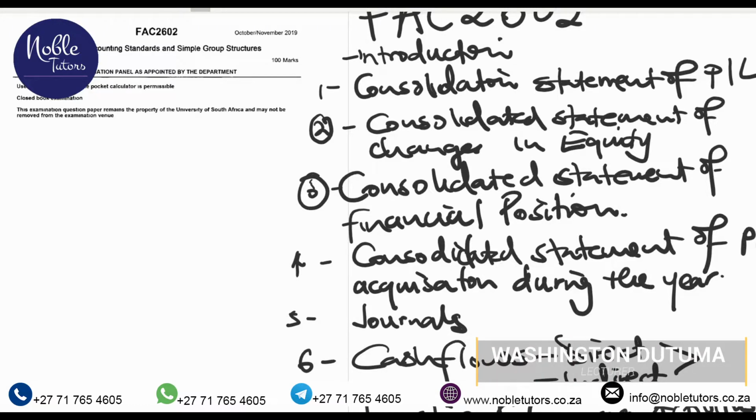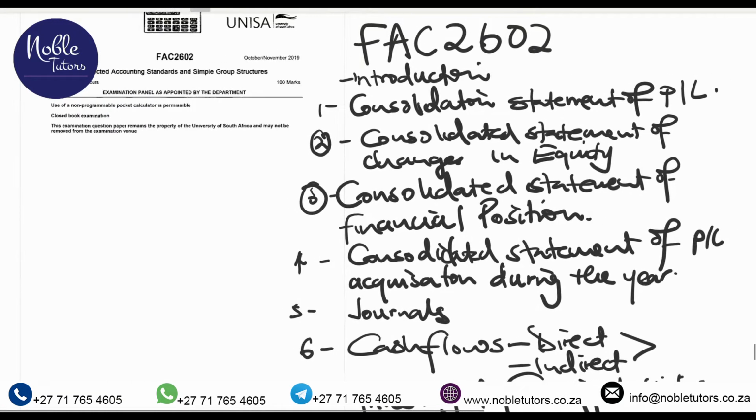Our energy is going to be channeled more on consolidated profit or loss, acquisition during the year. So this will be our whole syllabus. We're going to have 7 videos, addressing each and every topic, and also checking previous question papers to see which topic was asked.